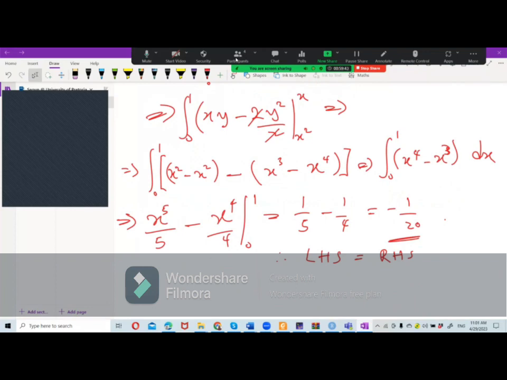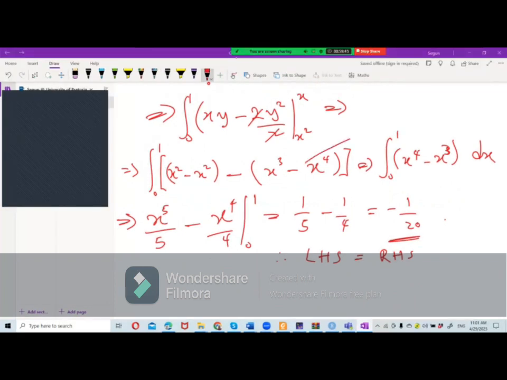So look at what I did here, from here. What I did was minus, open the bracket, minus x cubed, minus times minus is positive. So I just changed the direction. I first of all put this one there, then I put this one. It's still the same thing.